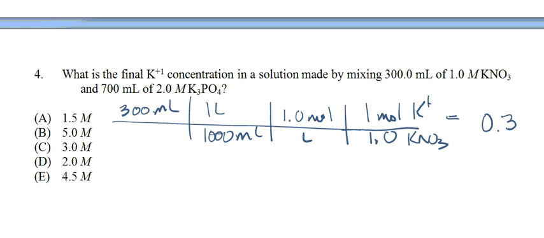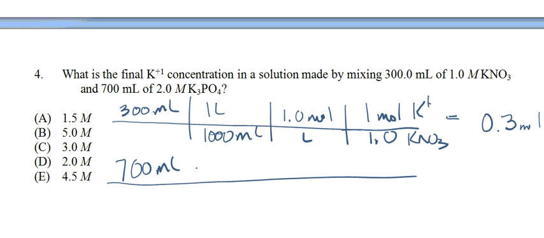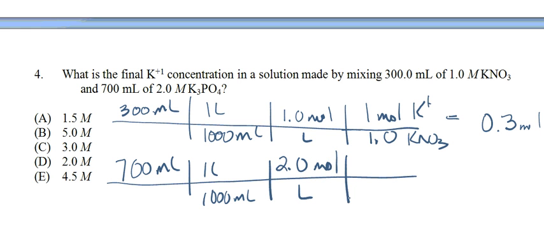So that would give us 0.3 moles. Okay. And then the other one is we have 700 milliliters, and same thing, 1 liter is 1,000 milliliters. We have a 2 molar solution of that, and for every mole of potassium phosphate, we actually get 3 moles of potassium ions.